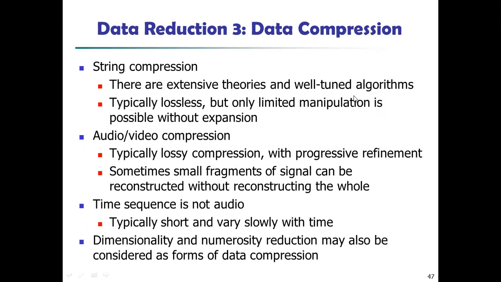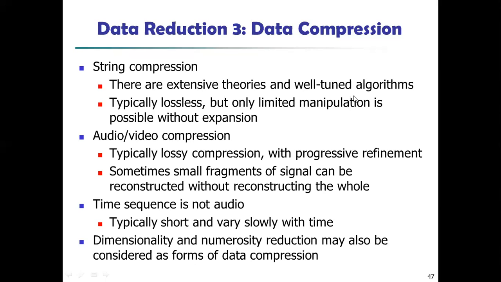So first one is string compression. There are extensive theories and well-tuned algorithms, typically lossless, but only limited manipulation is possible without expansion. Strings you compress with this method, and in a similar way audio and video also you compress. Typically lossy compression is used here.